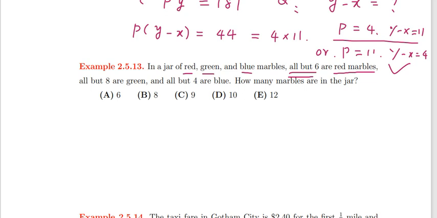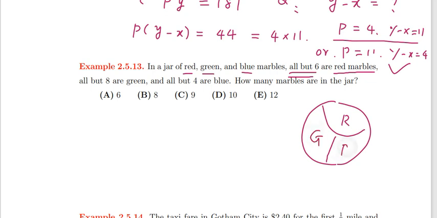Okay, so here let's say we have 3 parts: red one, green one and blue one. All but 6 are red ones.